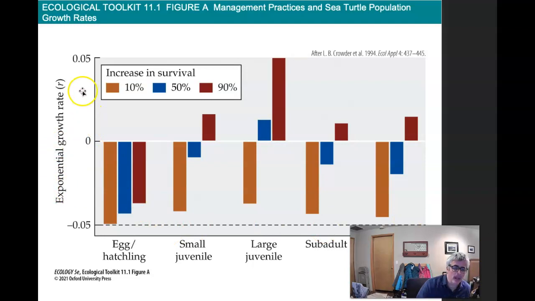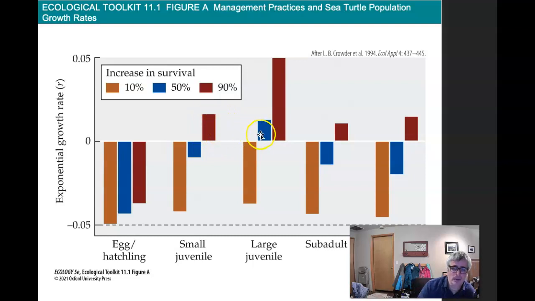So right now, we're looking at their exponential growth rate r. Again, 0 is stable, greater than 0 is population increasing, below 0 is population decreasing. Even if we increase survival by 90% for the eggs and hatchlings, the growth rate based on that population stage is still negative, meaning we can save almost all the eggs and they're still going down.